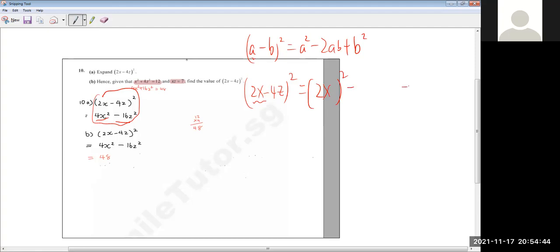And then I'm going to do my plus B. My plus B is this 4Z, so 4Z squared. Then I have my 2 times A. A is 2x. B is 4Z. So I just sub in.